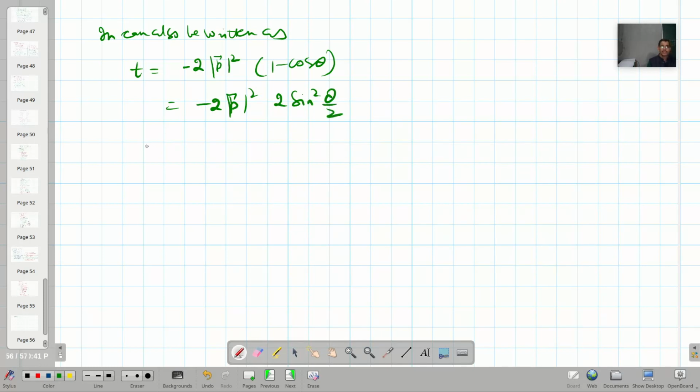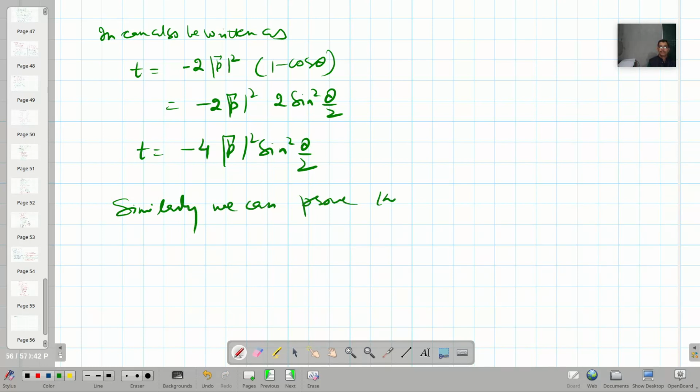So therefore I can write this t as minus 4 mod p square sine square theta by 2. Similarly, we can prove that u is equal to minus 4 mod p square cos square theta by 2.